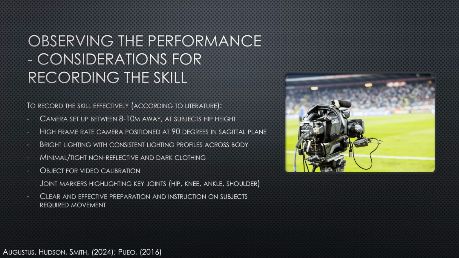Lighting should include consistent lighting profiles across the body with bright, even strobe lights for high capture frame rates, and minimal or tight, non-reflective and dark clothing to highlight joint markers and their visibility. Also needed are an object for video calibration, whether it be a 1 meter stick or another arbitrary object, and clear and effective preparation and instruction on subjects' required movements.